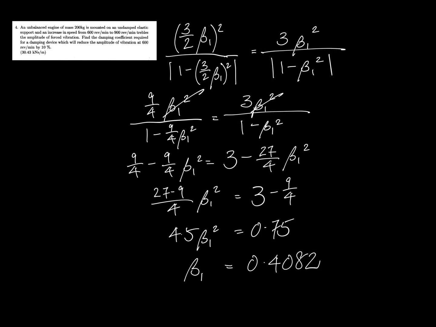Swoosh! That was really fast, but please feel free to press the pause button. So now we have derived beta 1 as 0.4082. And let's move on to the next step when we add the damping.